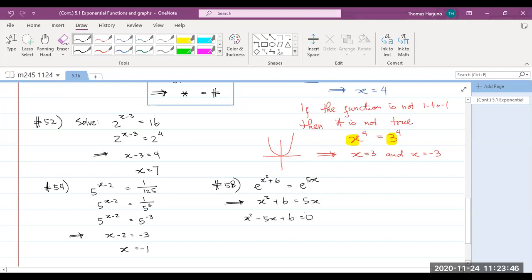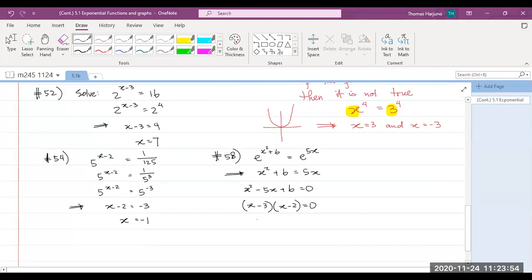If you can factor, do so. If not, then complete the square or use the formula. Okay, that's for solving equations based on one-to-oneness.